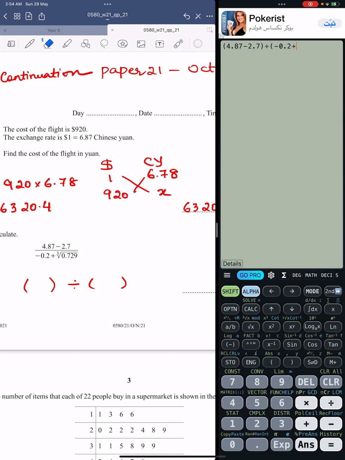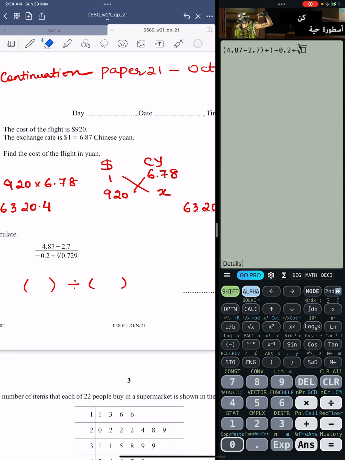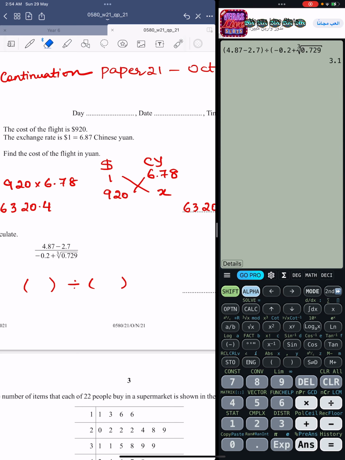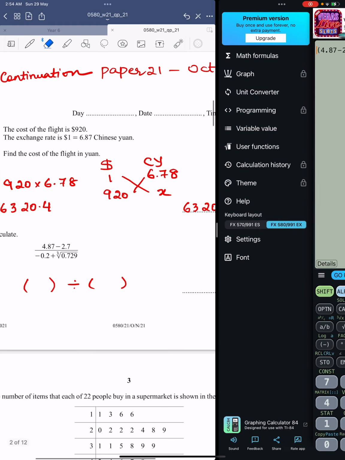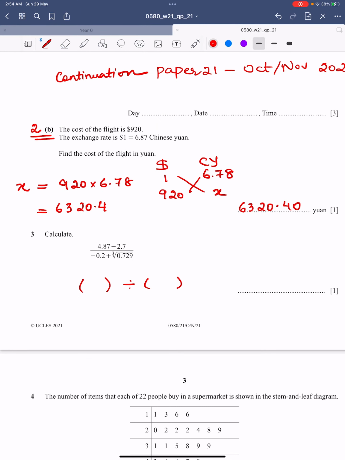So shift and square root gives us the cube root function, 0.729. Now click right to escape out of the cube root, and then complete the bracket. Answer is 3.1. So the answer for question number 3 is 3.1.